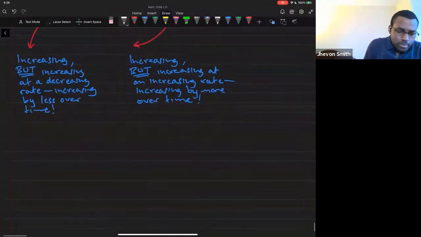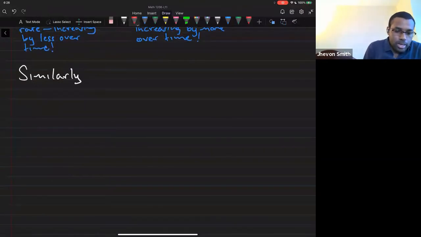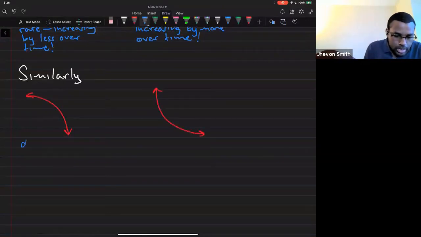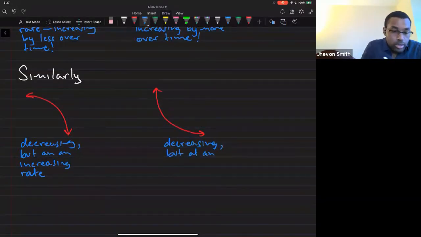And similarly, if I have something decreasing like this, versus decreasing like this, this one says decreasing, but at an increasing rate. So it's decreasing faster and faster over time. And this one is decreasing, but at a decreasing rate.